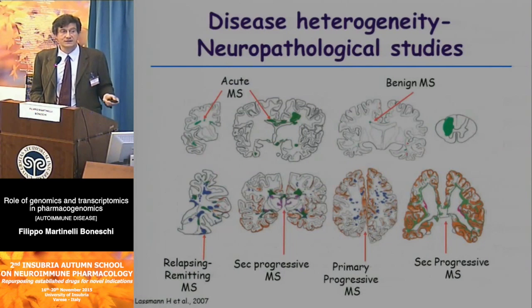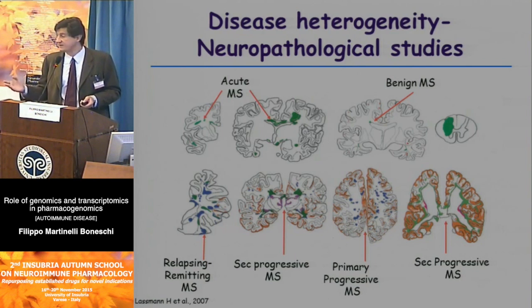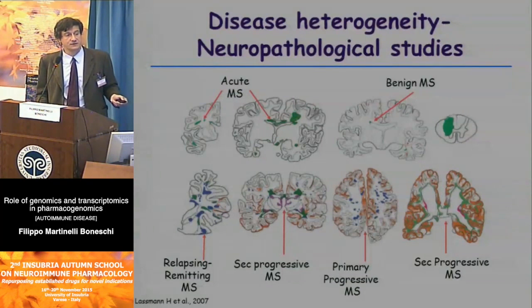It is an extremely heterogeneous disorder. Here you can see the autopsy of the brain of different MS patients. You can see that most of the lesions are demyelinated lesions occurring around the lateral ventricles. Especially in the first phases of the disease, there is the capacity of remyelination, so to be able to compensate for the loss of myelin and to recreate myelin in specific regions.